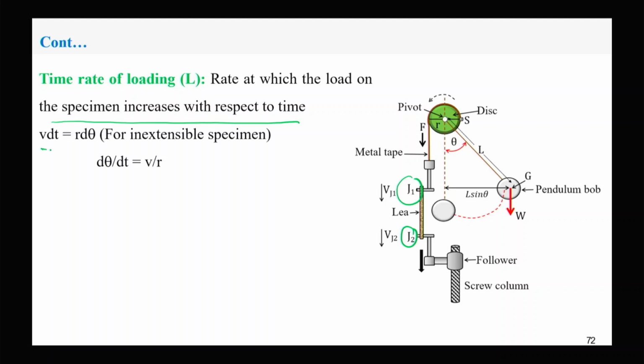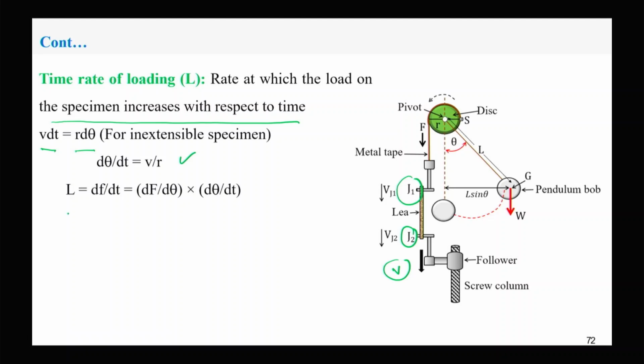So v dt equals r d theta, the total movement after time dt, where v is the constant speed of the lower jaw. So d theta by dt will be v by r.